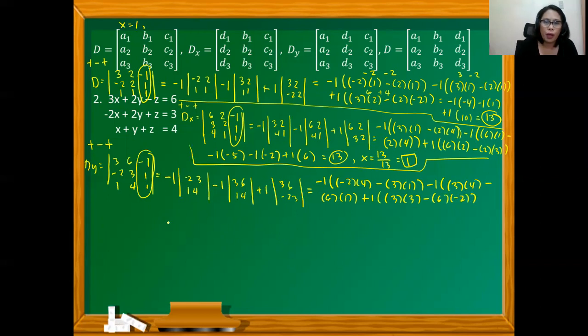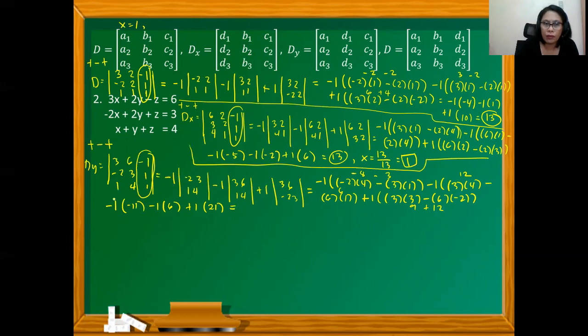So we now have negative 1 times. So this is negative 8 and this is minus 3. So we have negative 11 here. And then minus 1 times. So this is 12. Well, this is 6. So 12 minus 6 is 6. And this time we have plus 1 times. So this is 9 plus 12. 9 plus 12 is 21.